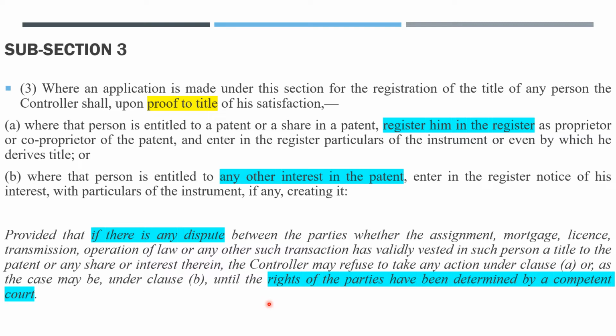Unless the rights of the parties have been determined by the court, the controller may refuse to take any action as per clause A or clause B of this particular subsection, that is subsection 3 of section 69. Okay, I hope it is pretty much clear now.